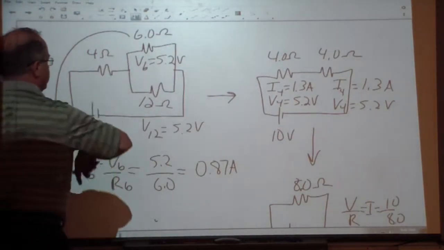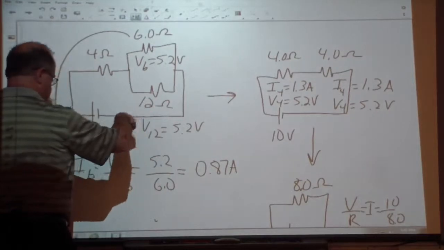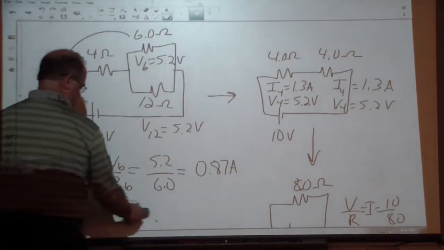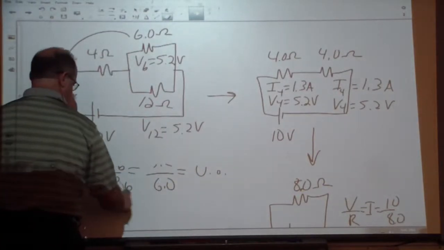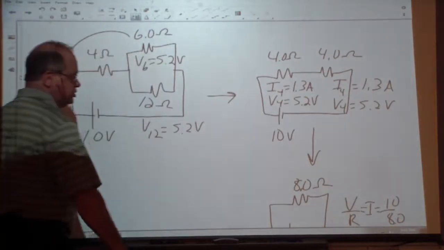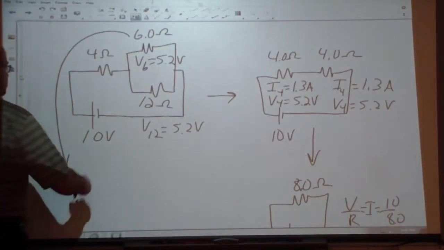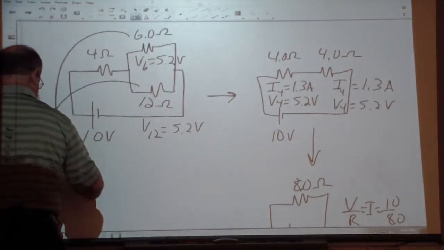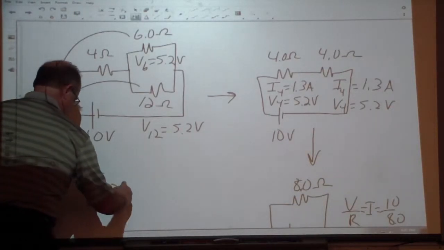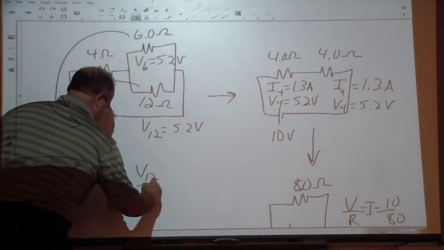Now let's do this one here. Pause it because I'm about to erase this. Once again, on your paper, you can give yourself tons of room on this and make sure that you do. So let's pull this one down. Once again, I12 is V12 divided by R12.